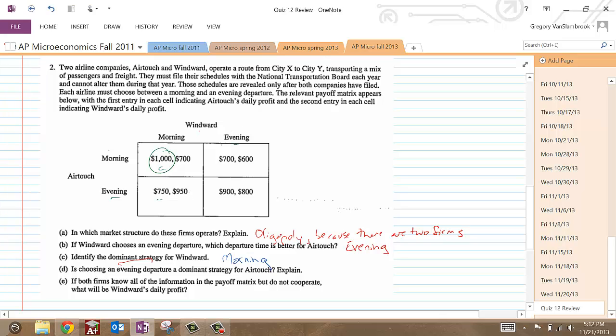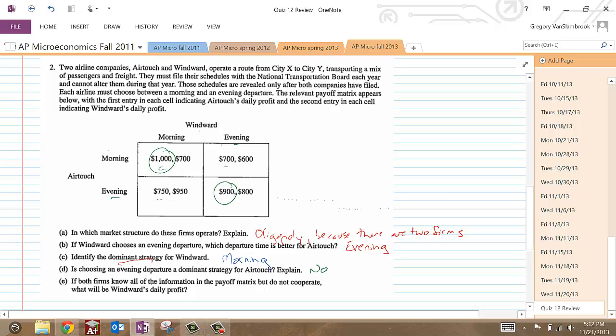If Windward chooses evening, then AirTouch's best option is evening also. So the answer is no, AirTouch does not have a dominant strategy. There is no one choice that's better off no matter what. I'm not going to write that whole thing out, but that's the answer. The reason is they don't have a dominant strategy because there's no one choice they can make that makes them better off no matter what.